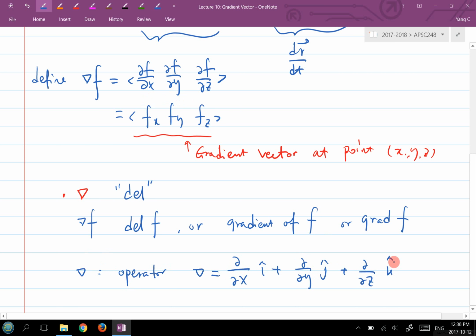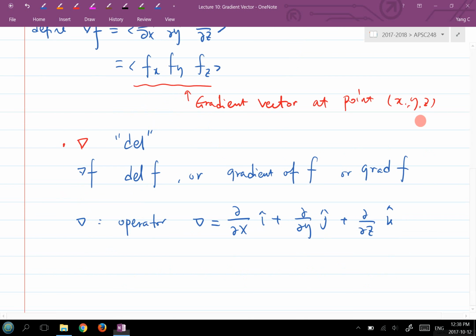It's like a derivative operator, like a straight d. You apply the d to a function f, or you apply d to something else. It's just the same as the operator straight d, except that this operator is a vector.